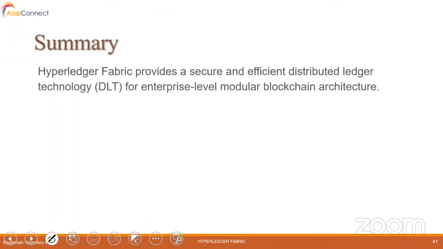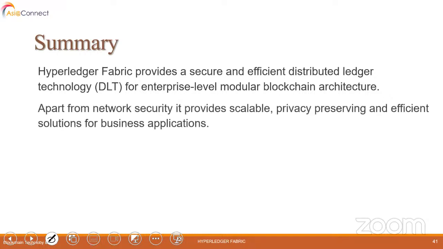So in summary, Hyperledger Fabric provides a very secure and efficient distributed ledger technology for enterprise-level modular blockchain architecture. Remember, it's modular. Apart from network security, the first thing which is very important is that it is scalable and privacy preserving. Why? Because you can have options for channels.